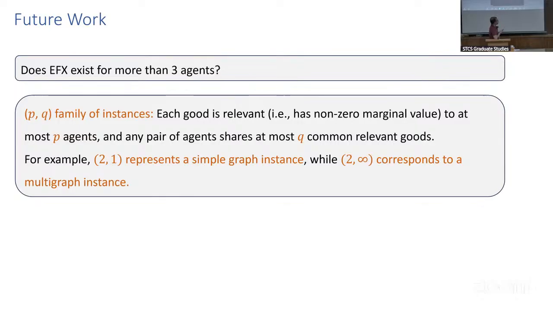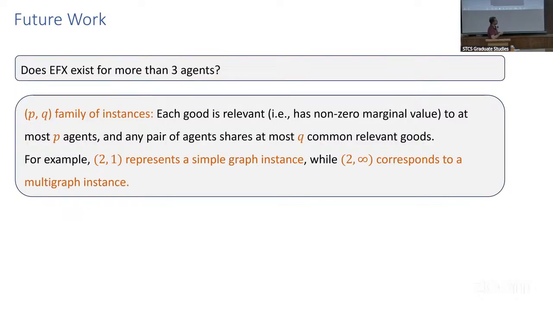So let me define the PQ family of instances. It is a set of instances where each good is relevant to at most P agents, and any pair of agents can share at most Q common relevant goods. For example, if you substitute P as 2 and Q as 1, it represents a simple graph instance, for which we know EFX always exists.